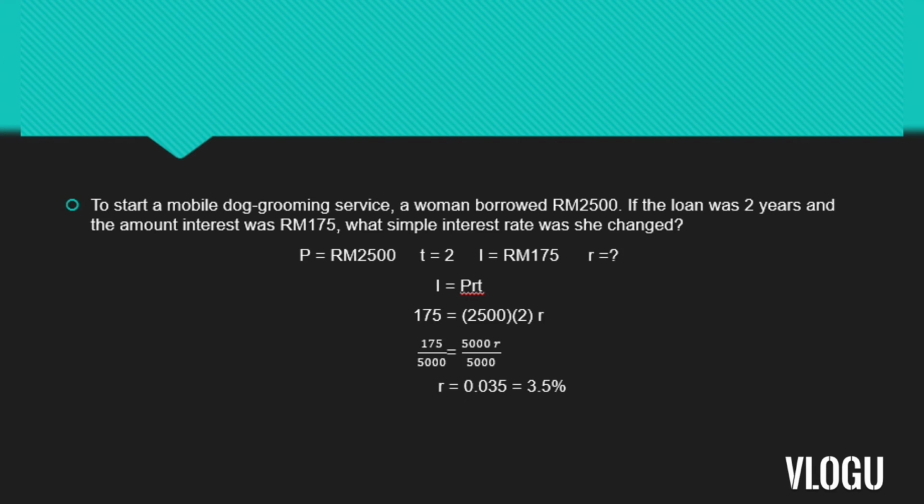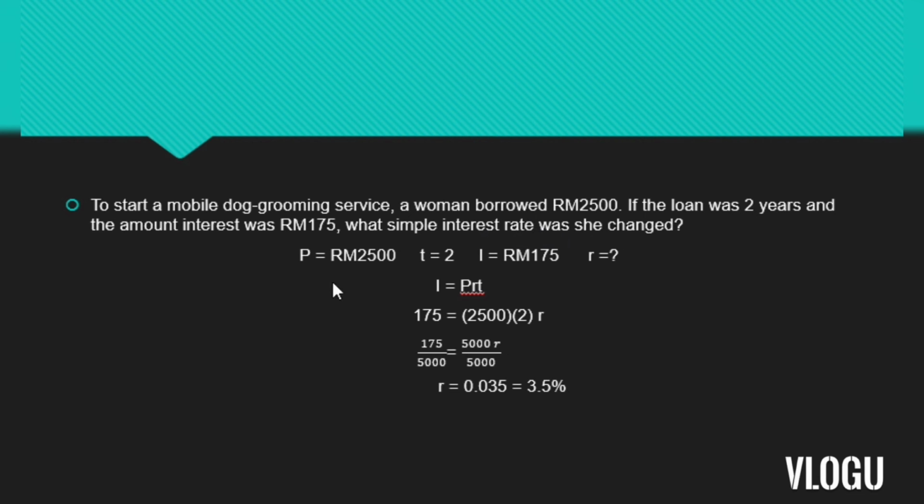So class, let's read the question together. To start a mobile dog grooming service, a woman borrowed 2500. If the loan was 2 years and the amount of interest was 175 ringgit, what simple interest rate was she charged?